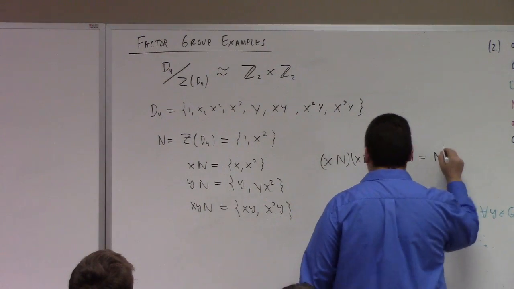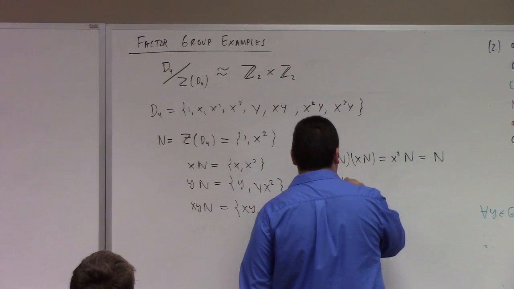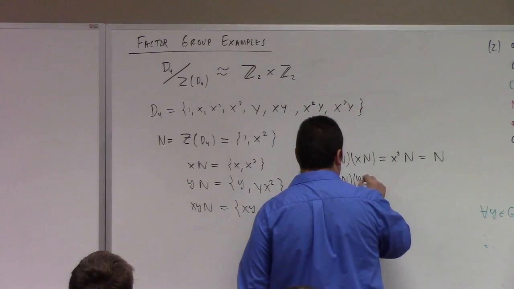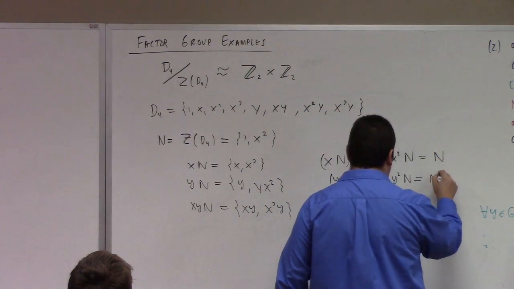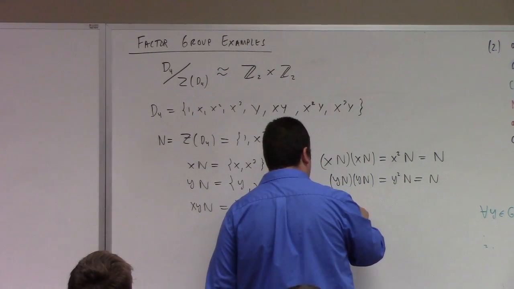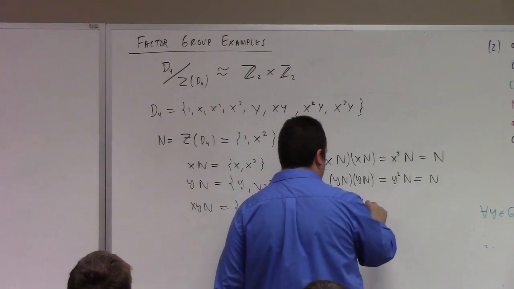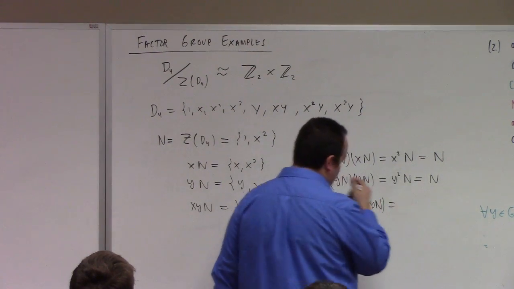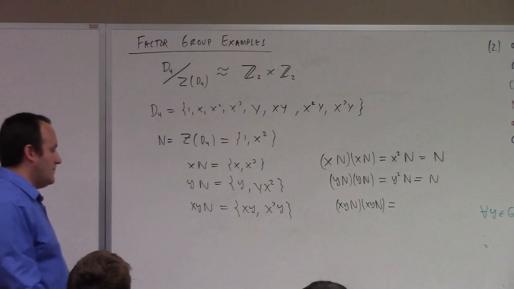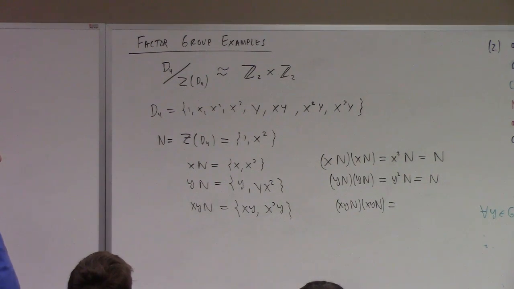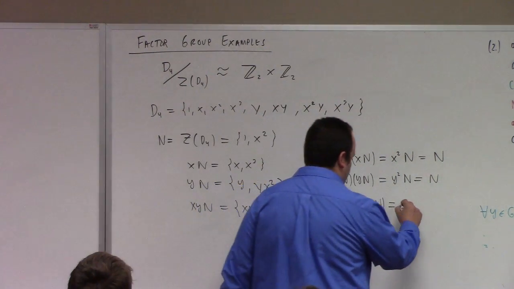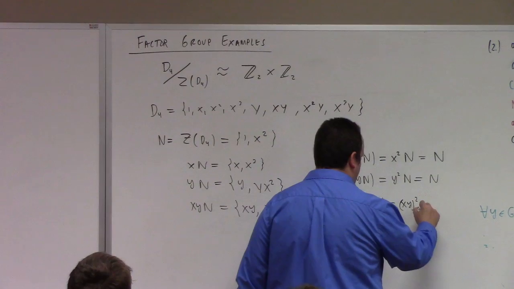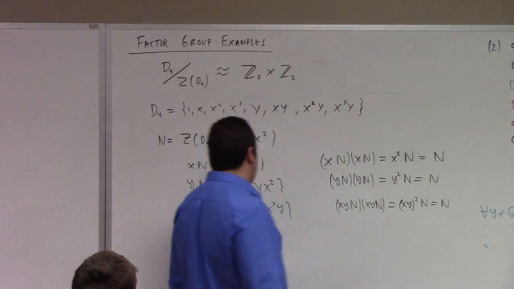Which is just equal to n again. What happens when you multiply yn times yn? It's n again. What happens when you multiply xyn times xyn? Its product of these cosets is again what? We get xy squared, right? Which is again n.